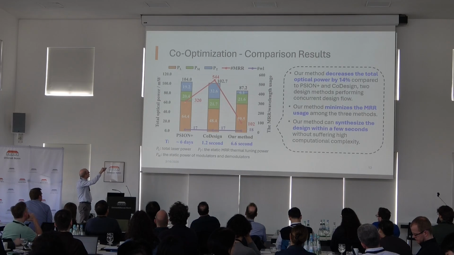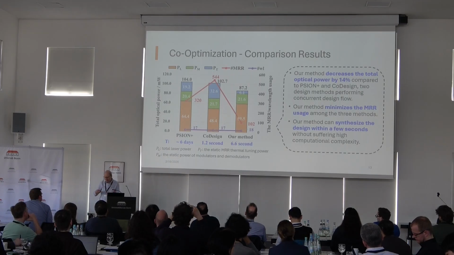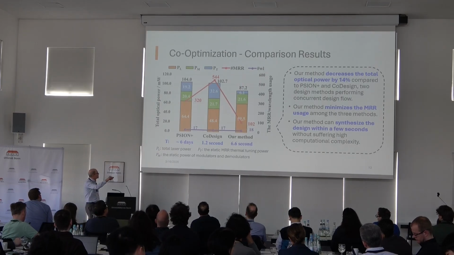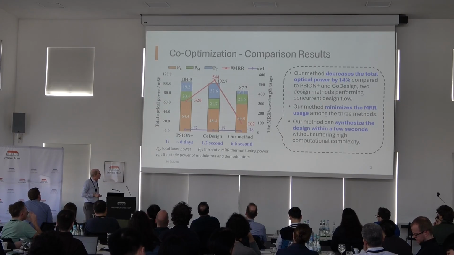You can see here we use much fewer microring resonators because we also make use of the fact that they are resonant to multiple different wavelengths. And since we have fewer of these MRRs, we need less tuning power, which then reduces all the power consumption.